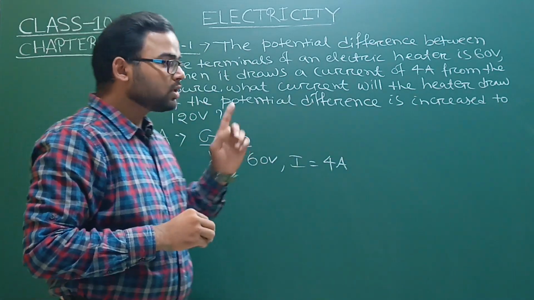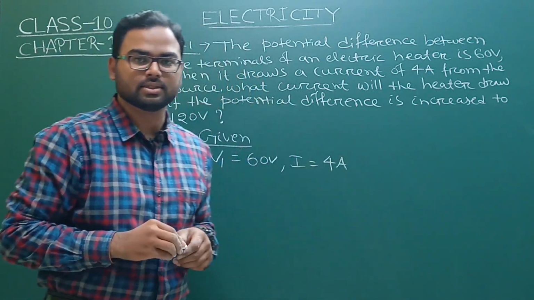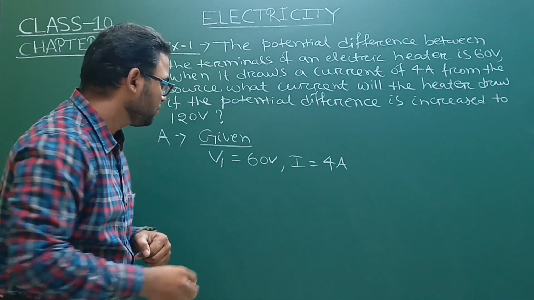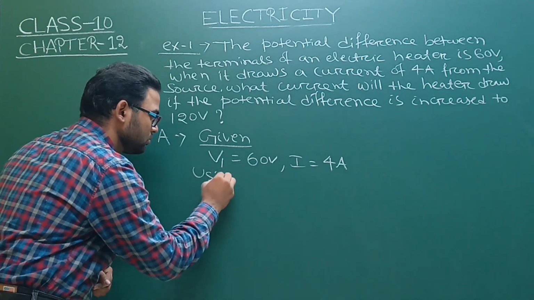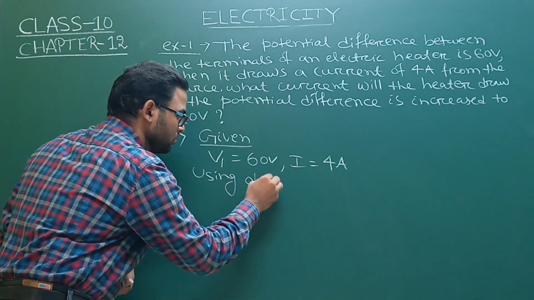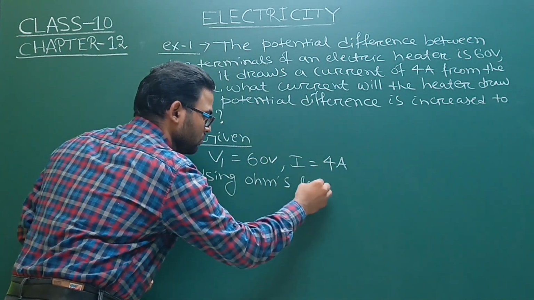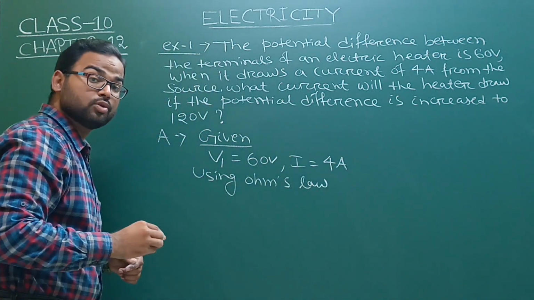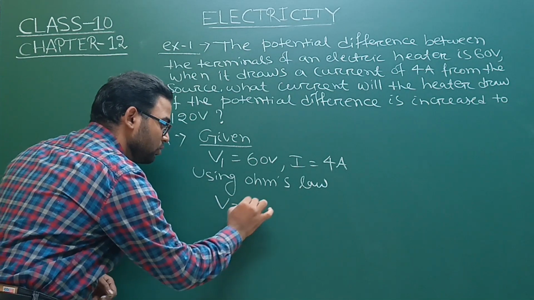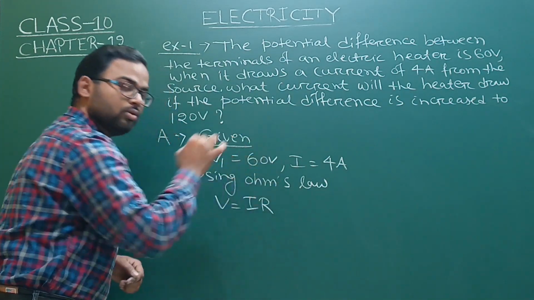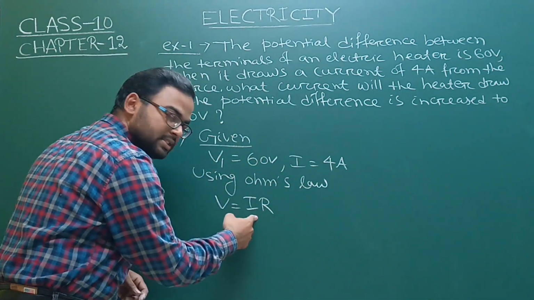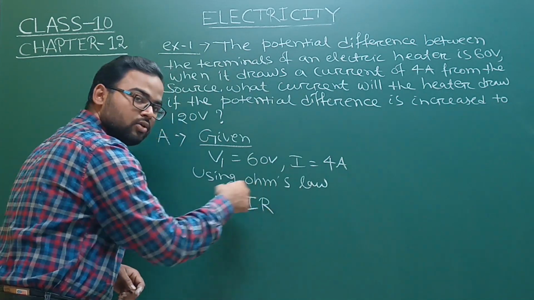First we have to calculate the resistance using Ohm's law. What is Ohm's law? Ohm's law is V equal to I into R. From this relation we can find out resistance.